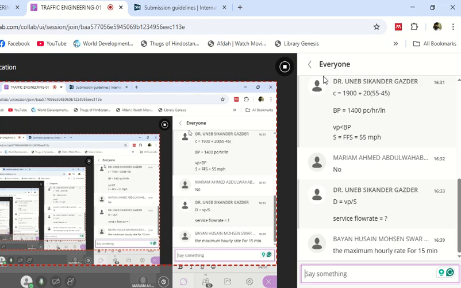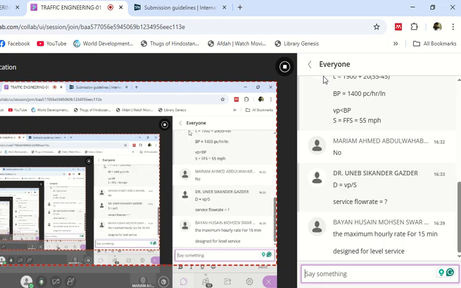Maximum flow rate? So why do we call it service flow rate? Why is the word service used with it? Yes, the maximum for the level of service.